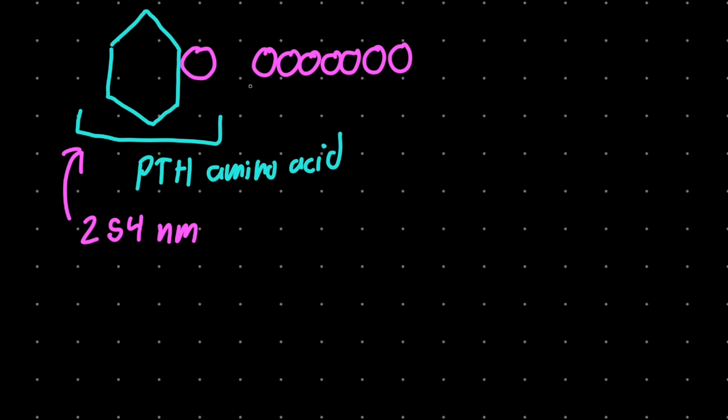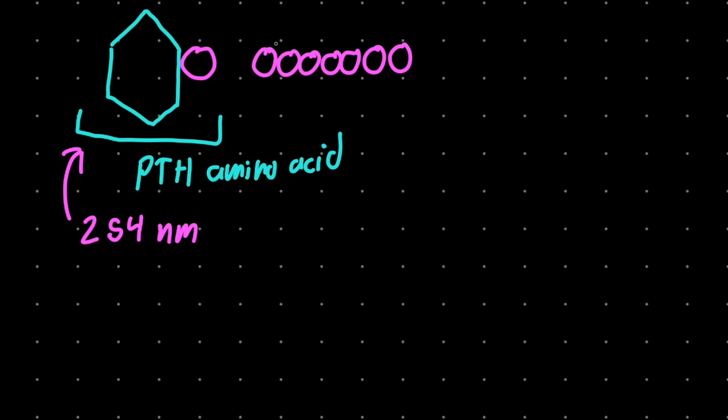To sequence this entire polypeptide, we can repeat this process multiple times. We bind PITC to the first amino acid, release it, and figure out what that amino acid is.